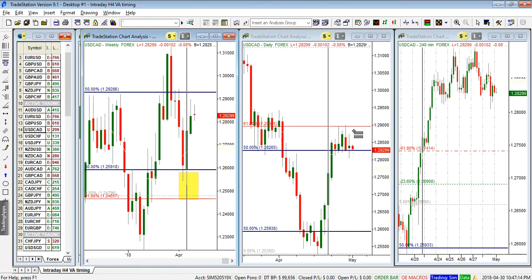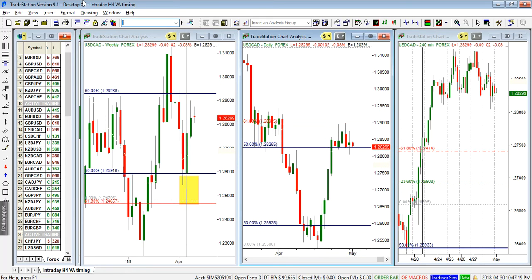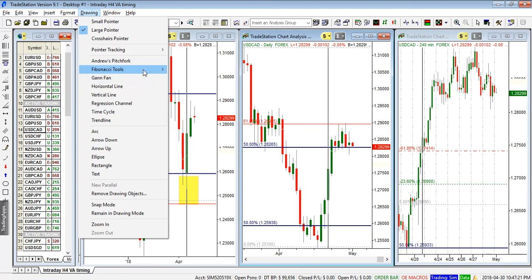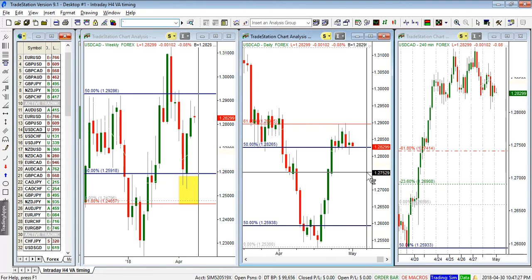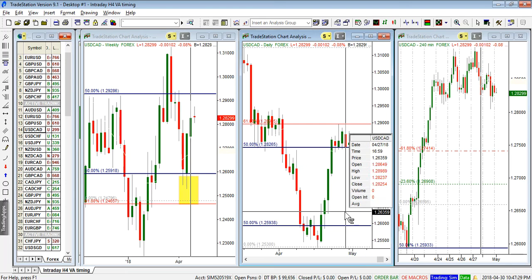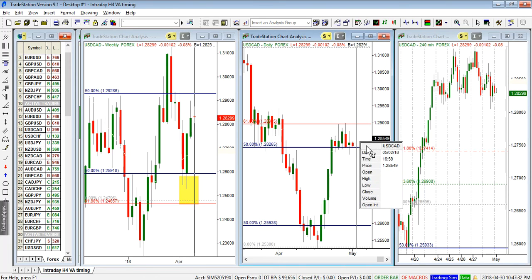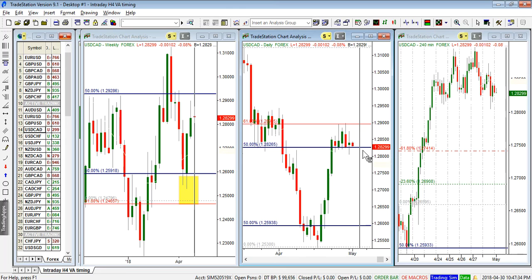So the proof is going to be given by the violation of the extension long here. This market is extended here, so there is one anchor that needs to come into play, has not come into play yet. Maybe one of these two anchors here, and for now we're seeing this market moving lower.